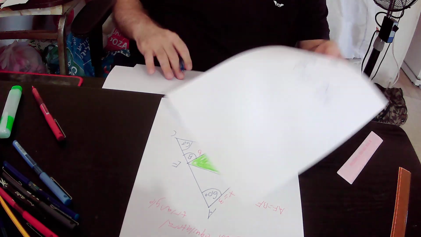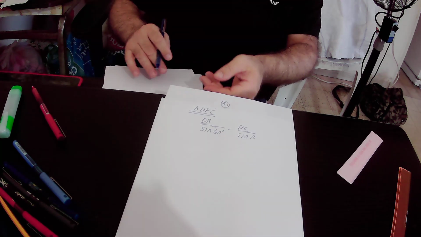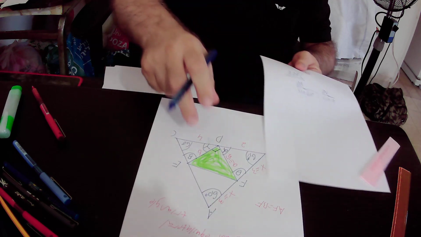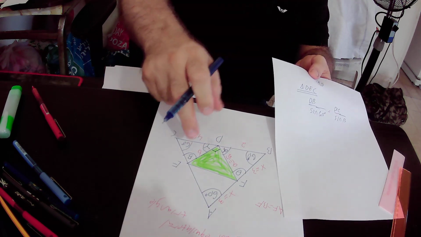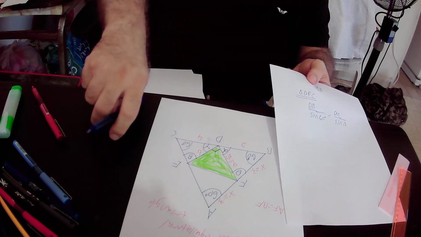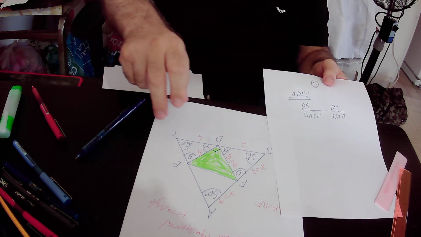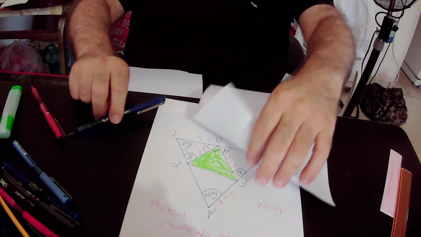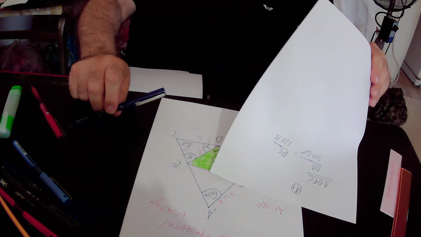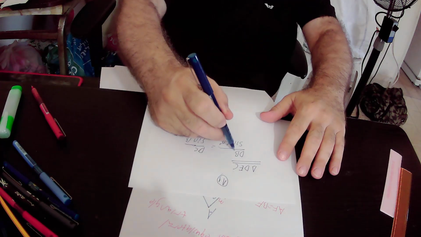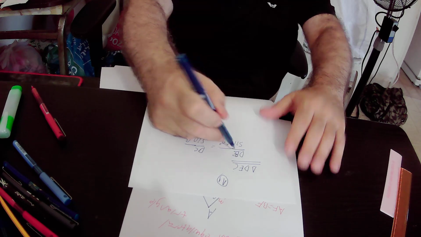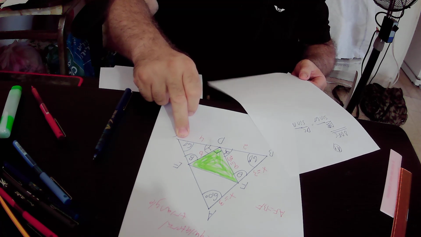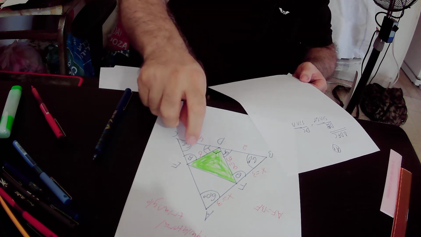So according to the law of sines, dB over sine 60 degrees equals dC over sine beta. Again, in triangle DEC, according to the law of sines, DE, I made a mistake here, DE over sine 60 degrees equals dC over sine beta.